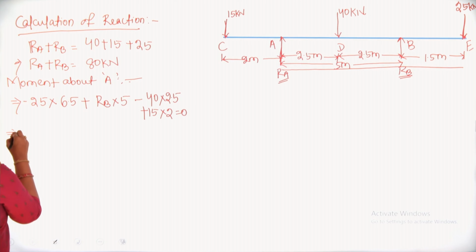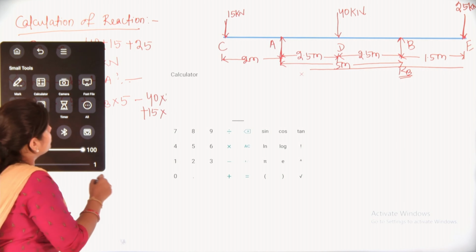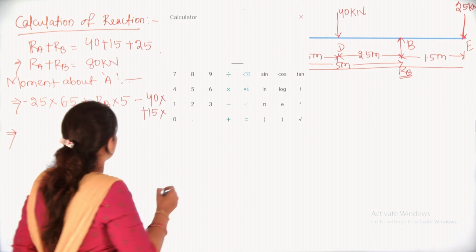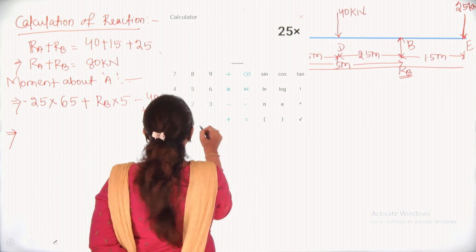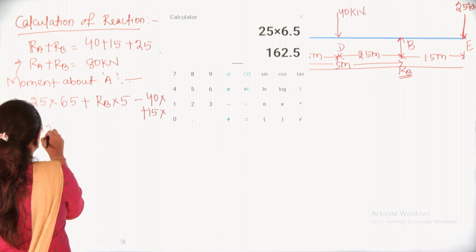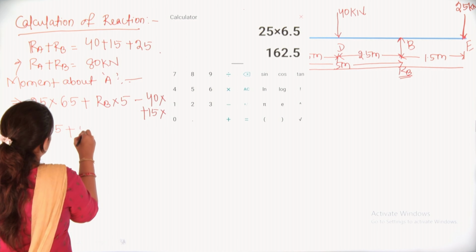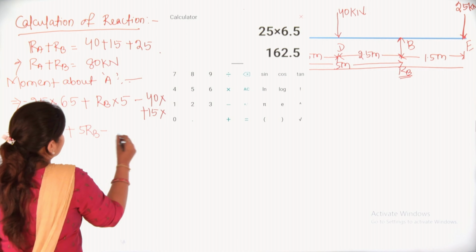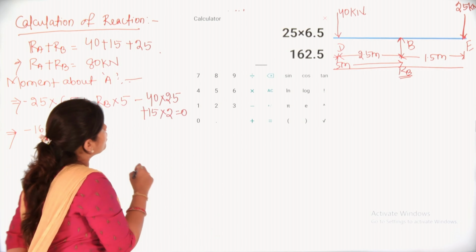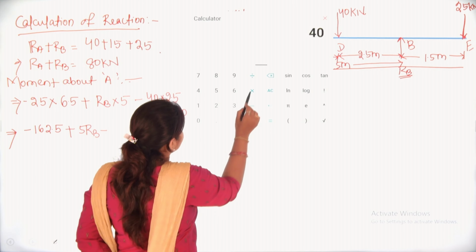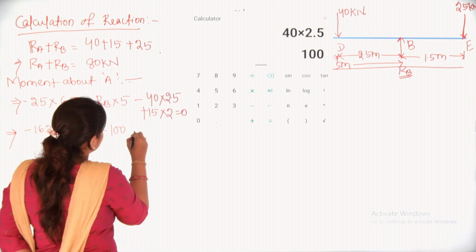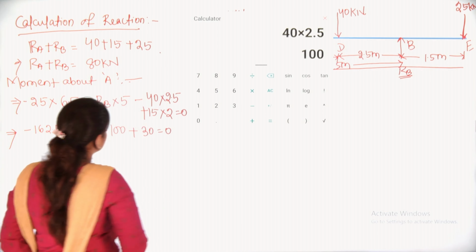So here, let's use the calculator. First thing, we have 25 into 6.5, that is 162.5, plus 5 RB minus 40 into 2.5, that is 100, again plus 30 equals to 0.